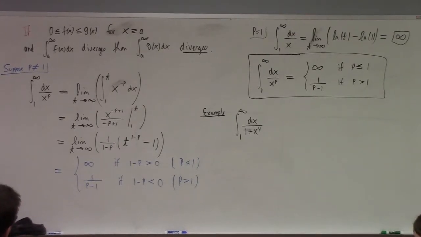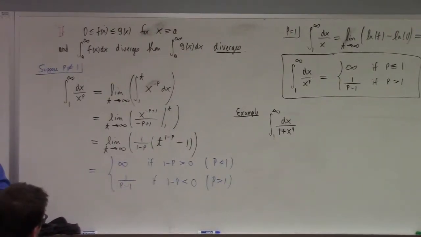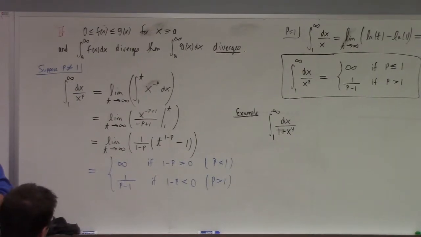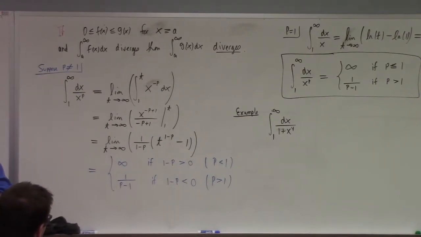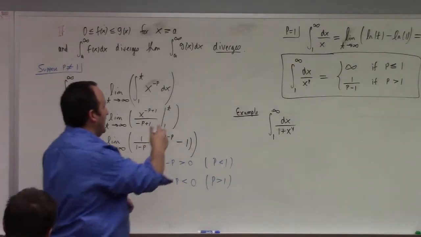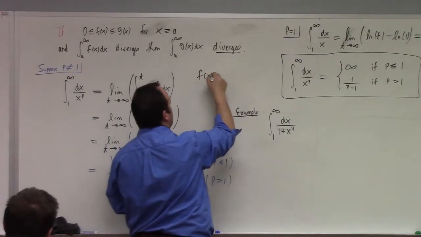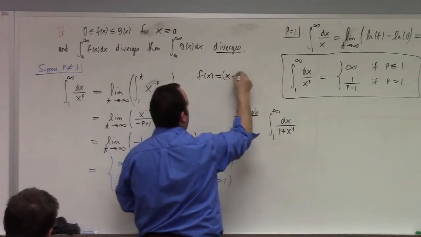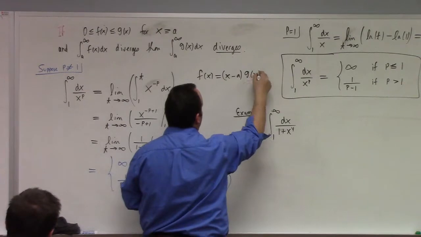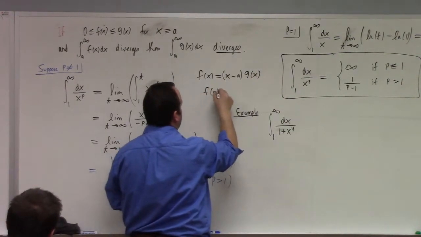How do I know that that factors into a pair of quadratics, by the way? What does it mean if there's a linear factor in a polynomial? If I have f of x equal to x minus a times g of x, what's that tell you about a with respect to f? f of a is what?